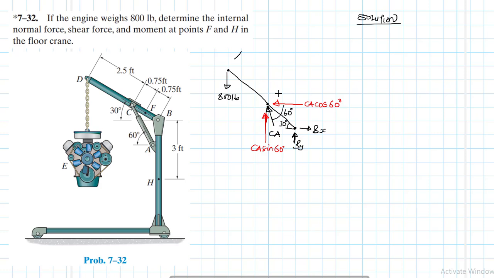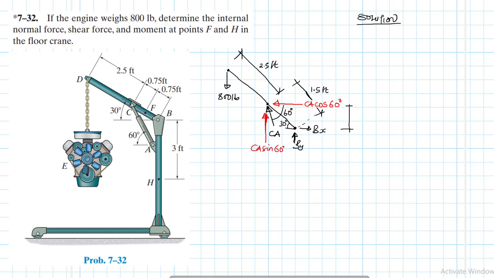From there to there, this one is 2.5 feet, and then from there to here, this one is 0.75 by 2, which is 1.5 feet, right? And then we have these other components in this direction.